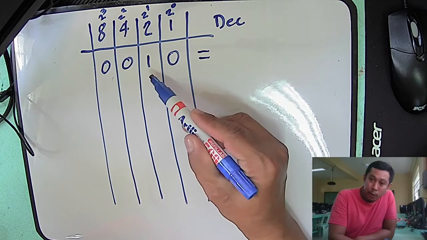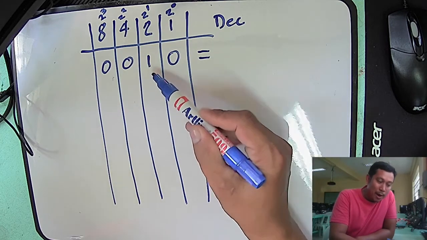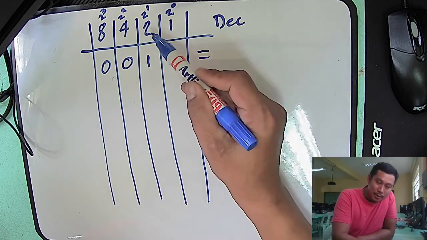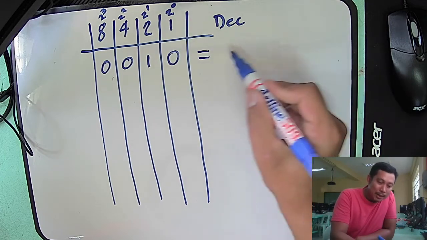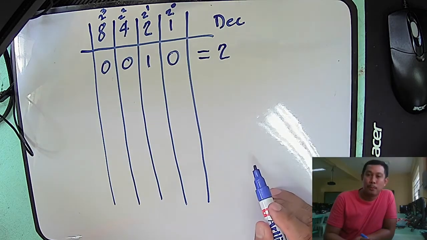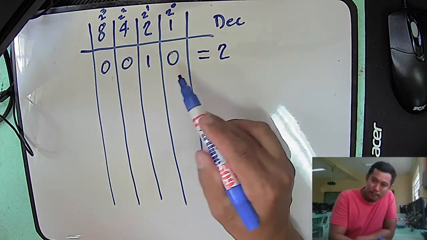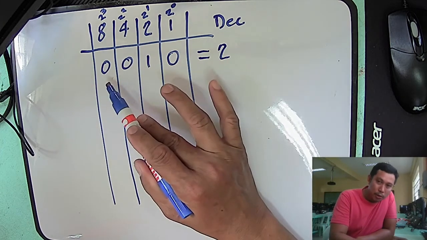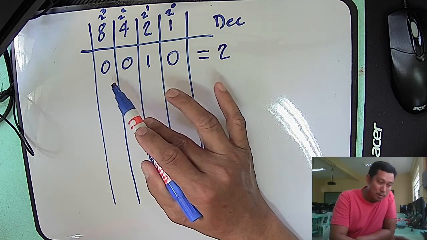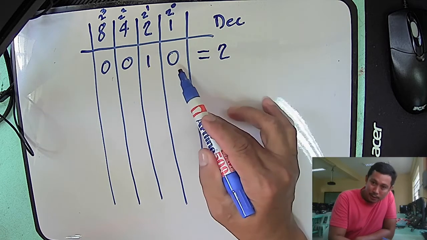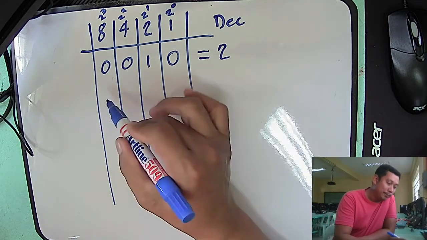Where is 1 located? 1 is located here. That is why it is 2. No more. 0, you don't need to count because that is already 0. 0 and 0.